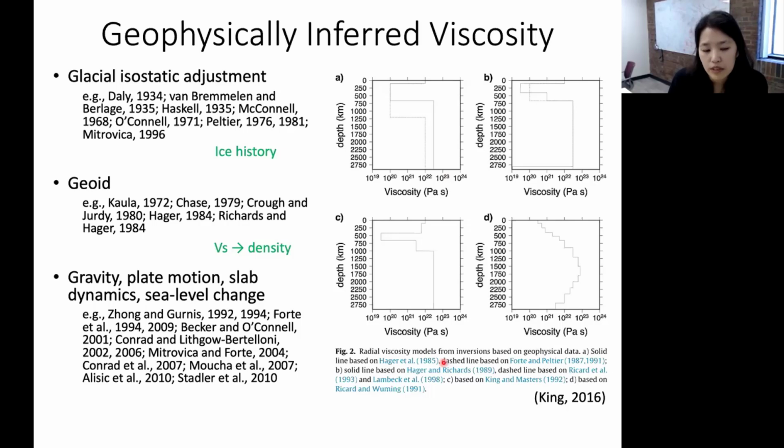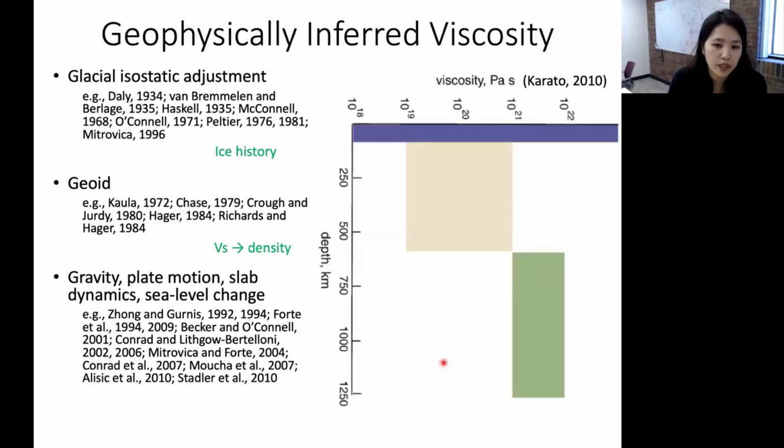At least you can probably summarize these structures into these three big boxes. You have this blue part, which is basically the lithosphere that's strong, and you have the upper mantle and then the lower mantle here. Most of us think that there's an increase in viscosity going from upper to lower mantle.